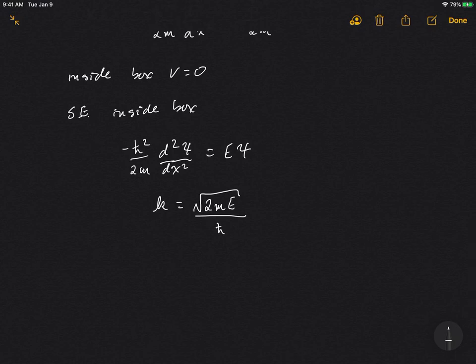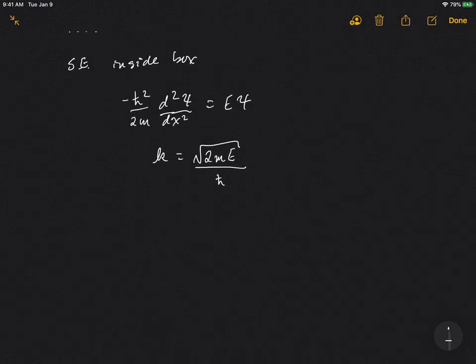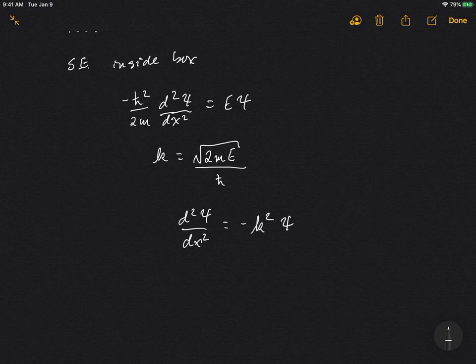If we do that definition, then that allows us to simplify our Schrodinger equation, and we can write it as d squared psi dx squared is equal to minus k squared psi.